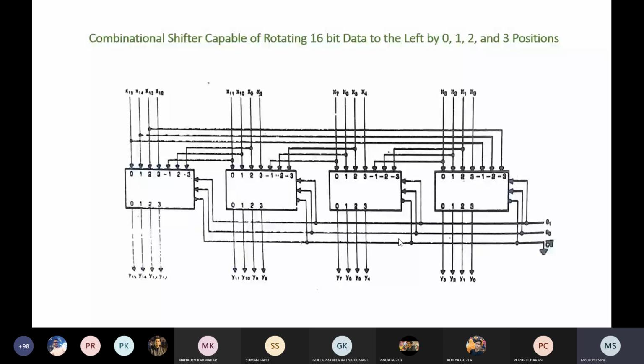So you want to rotate to the left. If you want to rotate to the right, at that moment x0, x1, x2 will be connected. From the right, if you consider the marks, for the first marks I1, I minus 1, I minus 2, I minus 3 will be connected to x0, x1, x2. So depending on your right shift or left shift, you can connect all the lines. So I hope you can design this circuit also.